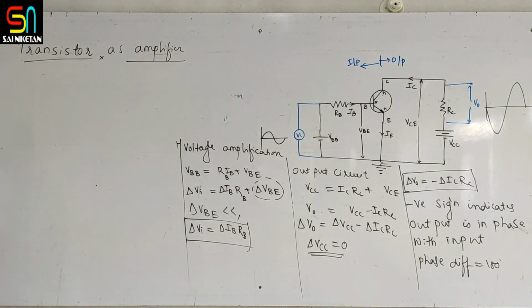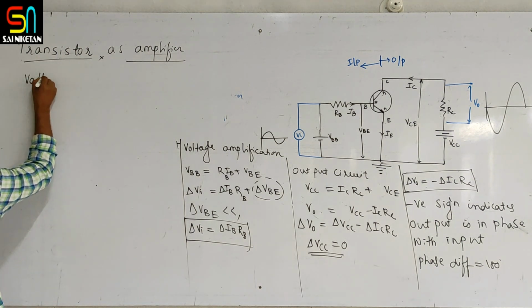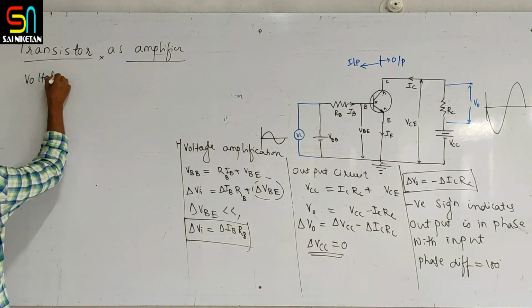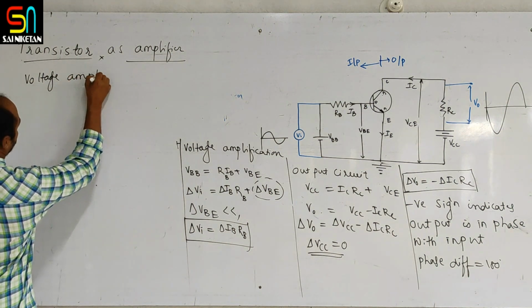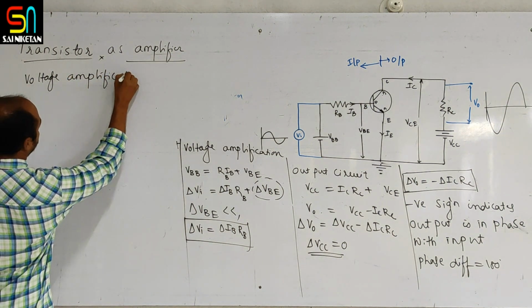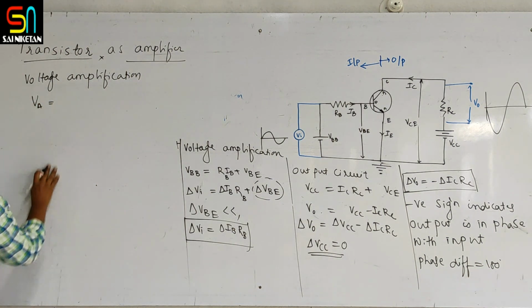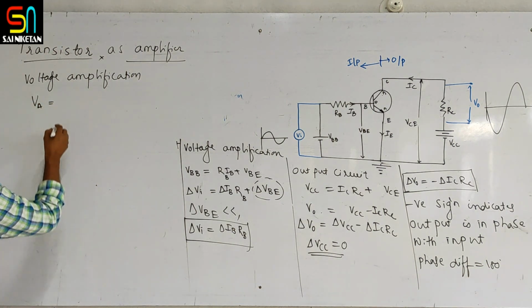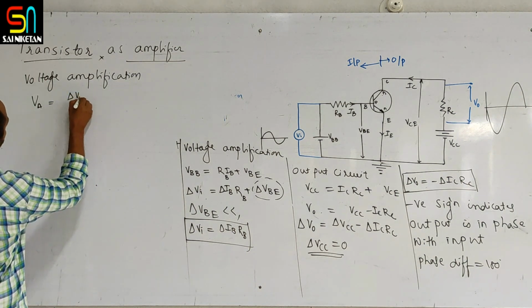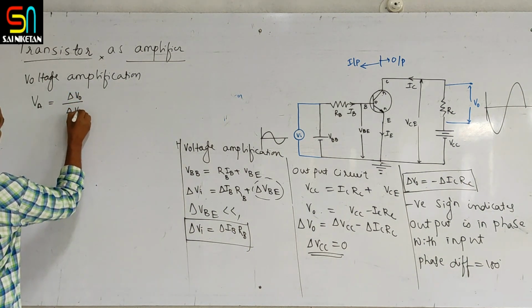Now the voltage amplification factor. It can be written as VA is equal to change in output voltage divided by change in input voltage.